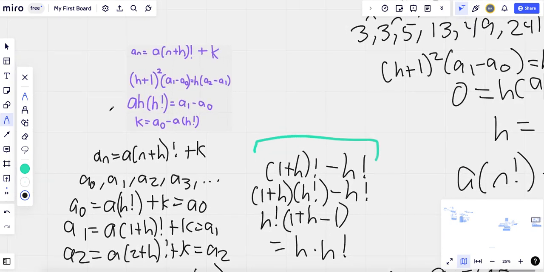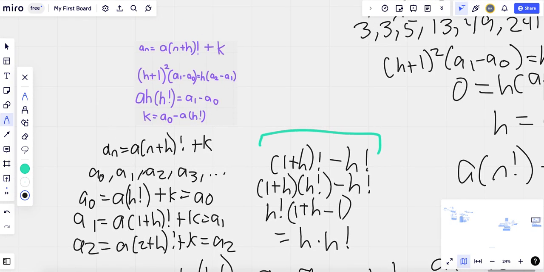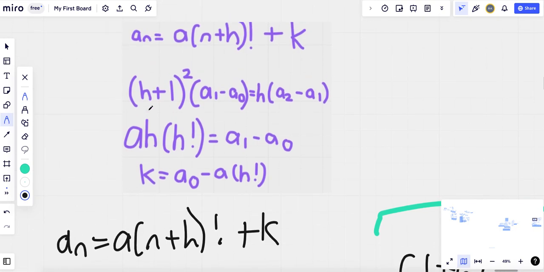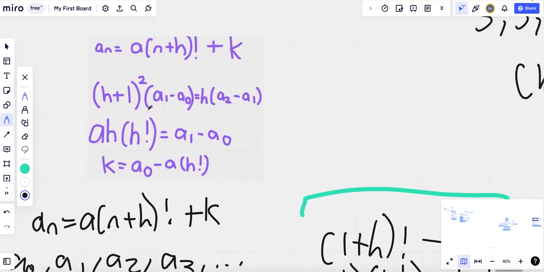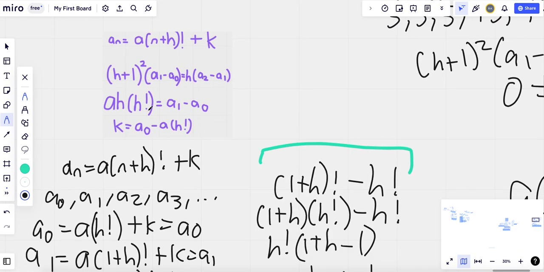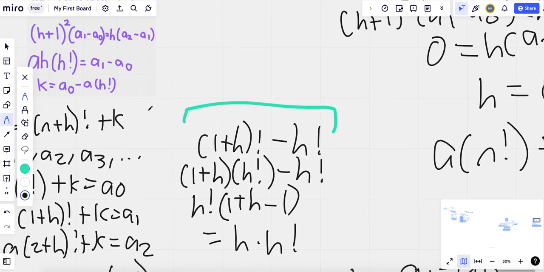So now, if we look at our other formulas, we know that we can solve for k, because k is a0 minus a times h factorial.